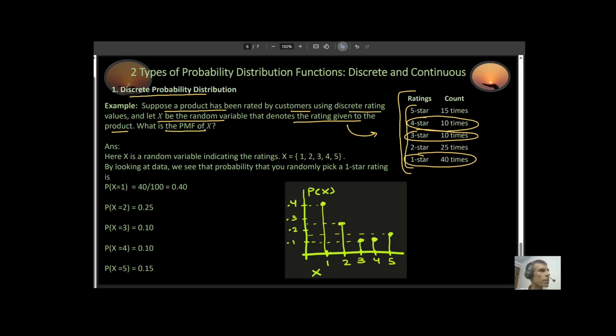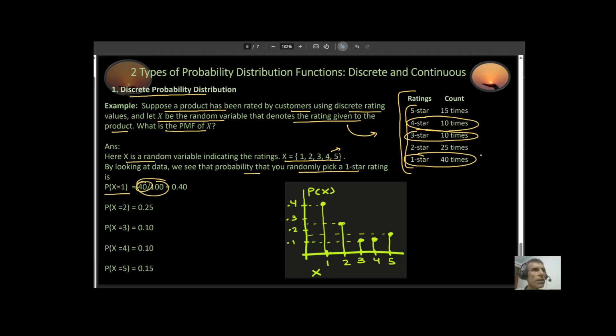What is the PMF of x in this case? That's what they're asking you. So here, x is a random variable, and x can take any one of these values: 1, 2, 3, 4, 5. These basically indicate your ratings. By looking at the data, we can see that the probability that you randomly pick a 1 star rating, which is P(x = 1), would be equal to 40 divided by 100. 40, because how many people gave 1 star?